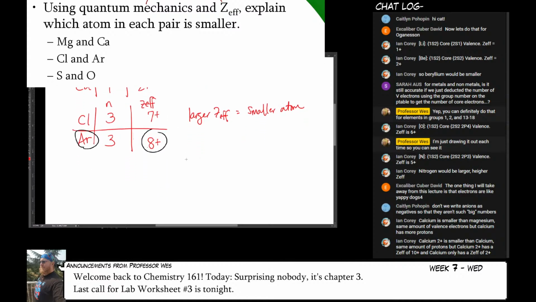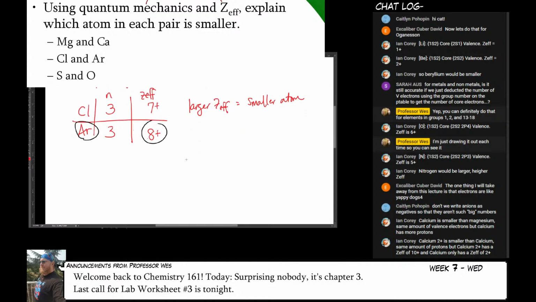And then finally, we can look at sulfur and oxygen. Sulfur is in period 3, and its Z effective is 6. Oxygen is in period 2, and its Z effective is 6.